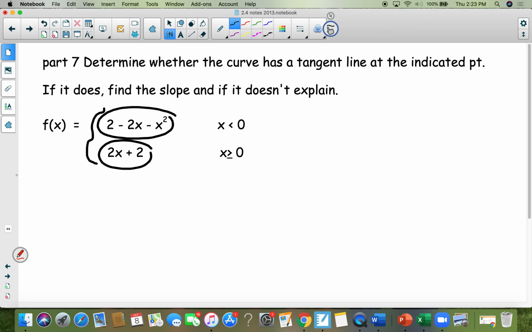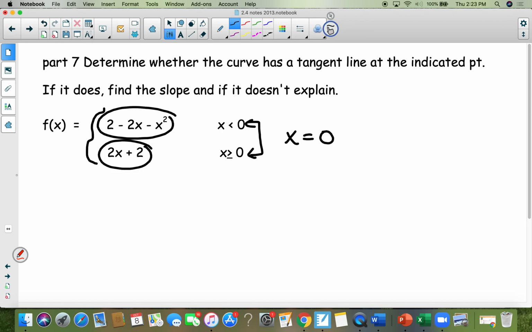This is where it's judged at 0, right? So you already know what your x value is, it's at 0. They don't say the indicated point, but you should know that you're working with 0 just because they both have a 0. If it does, find the slope, and if it doesn't, explain.